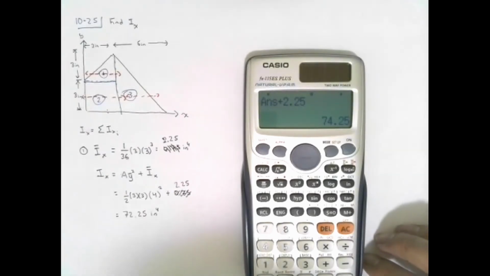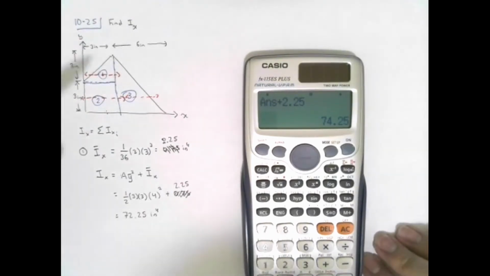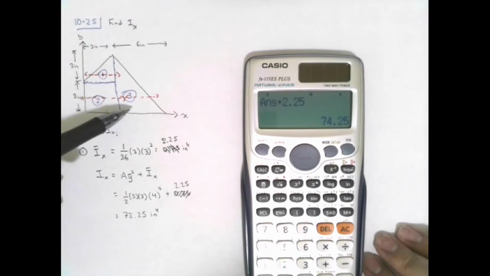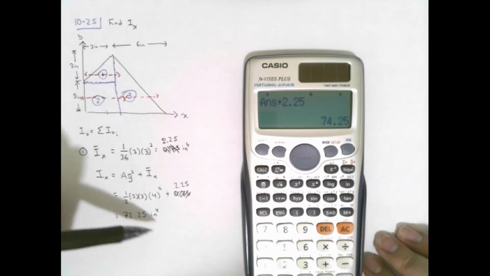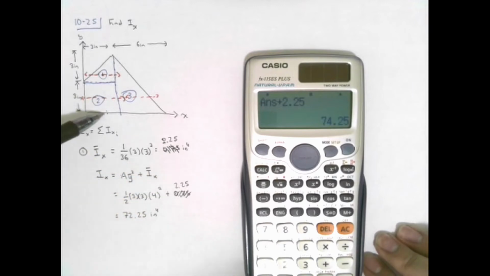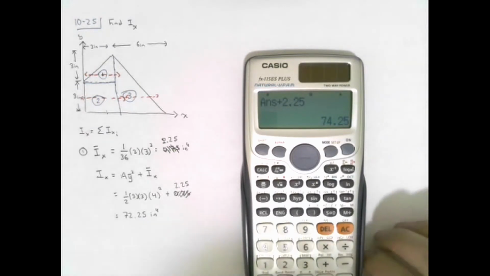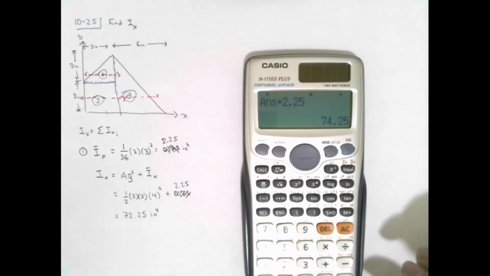And you can see that this makes actually a big difference. This distance from the centroid actually makes a really, really big difference when it comes to the moment of inertia. You see it increases a lot, right? Even though we're just moving it about 4 inches away. So keeping that in mind, we have our moment of inertia about the centroidal x-axis for our first element.